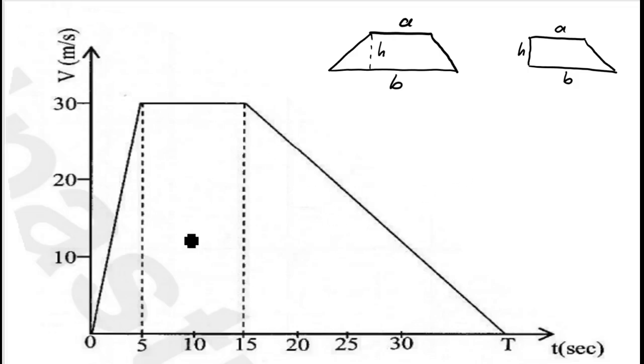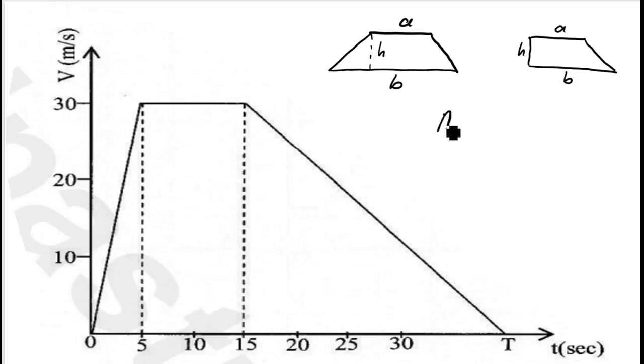Now, since area under a trapezium represents distance on a velocity or speed time graph, it means that for us to find distance of this shape or trapezium, we're going to use the area formula for a trapezium.